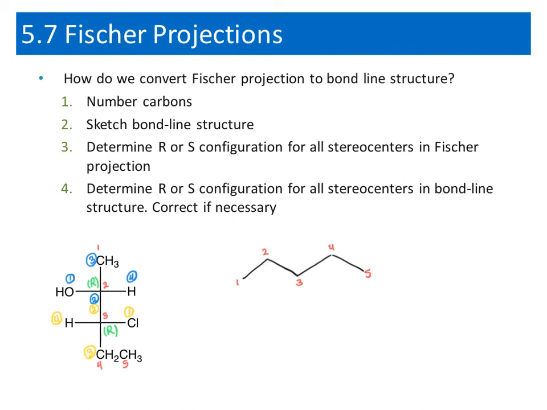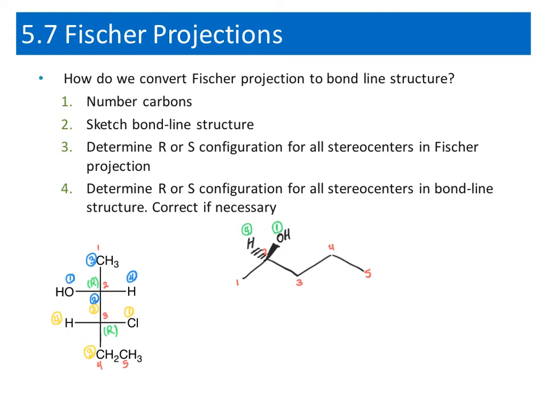This is carbon 2. This is the methyl. And this is the carbon chain. So I need to put hydrogen and OH. Let's put OH in wedge and hydrogen in dash. Then I need to determine the R and S configuration for this center. Oxygen is number 1.